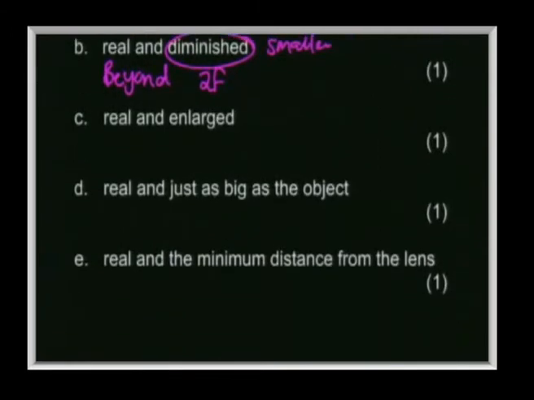If I want it to be real and enlarged, there I would place it between 2F and F. This one we all know.